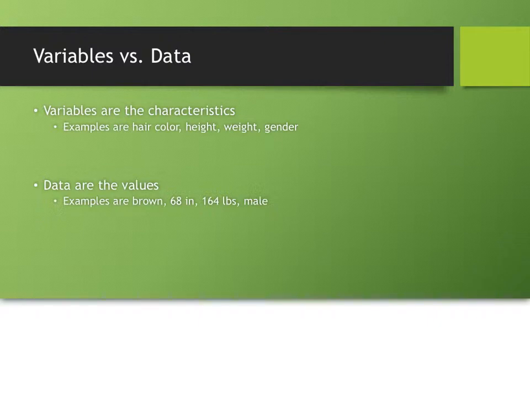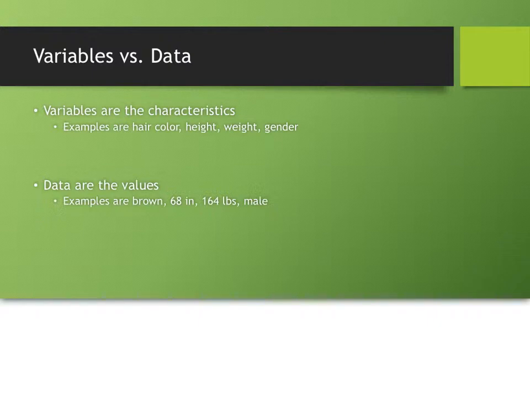Now, we're going to look at statistics in the sense of just collecting data. And data are the actual values that we're collecting. We're going to collect those values in association with the characteristics. The characteristics are the variables, and the values are the data. Okay?